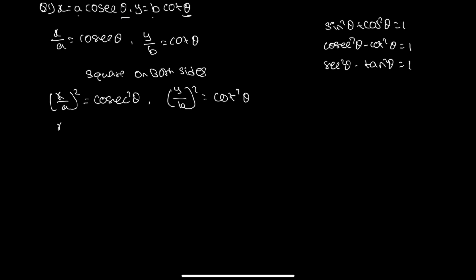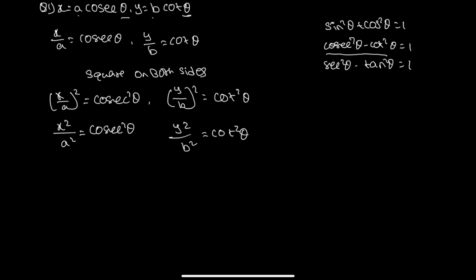So here we'll be writing it as x square by a square is equals to cosecant square theta, and y square by b square is equals to cot square theta. And here we have this identity in terms of cosecant square and cot square. Now we have to use this. To get this, we need to have subtraction relation between them.